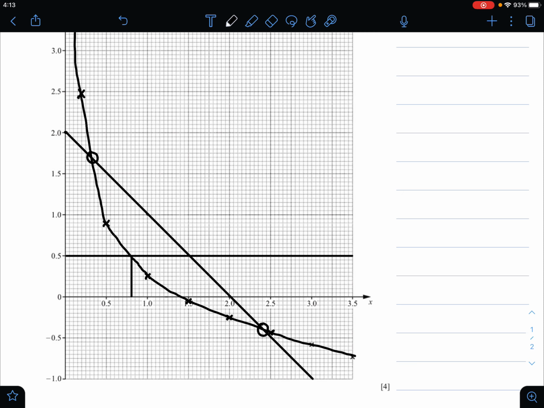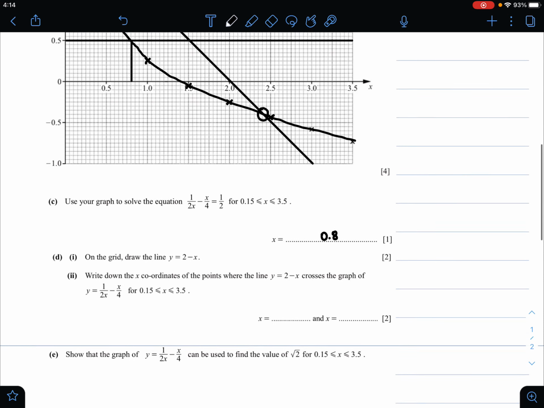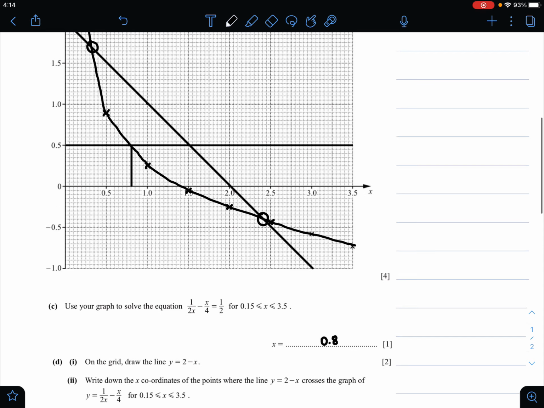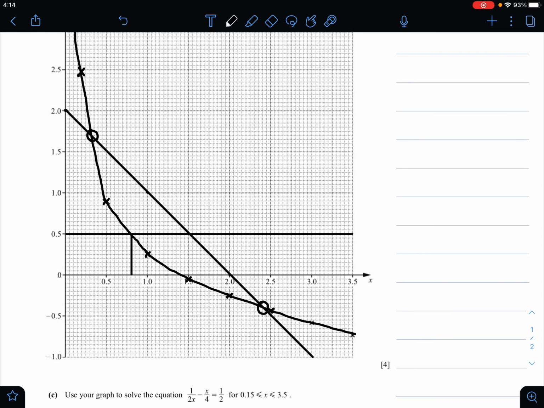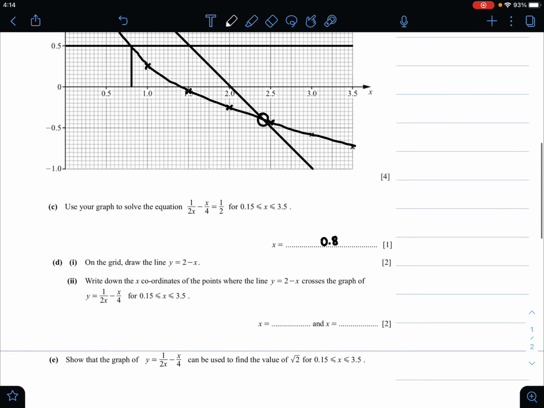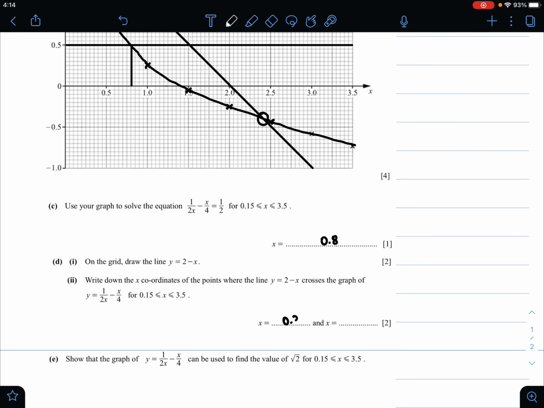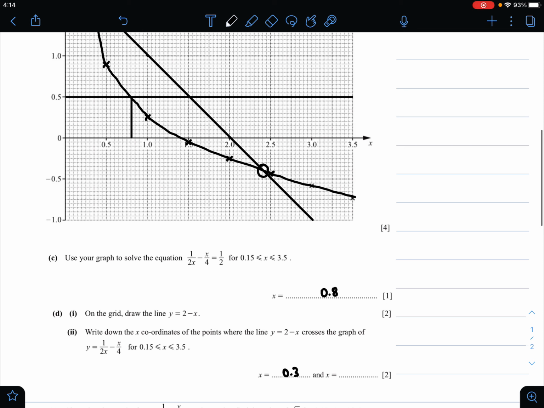The x coordinate for the first one would be 0.3. Again, for this there won't be an exact answer because they know that it's a sketch, so they will allow you if your answer is not exactly the same as what they have got. They'll have a range of answers as well for this.